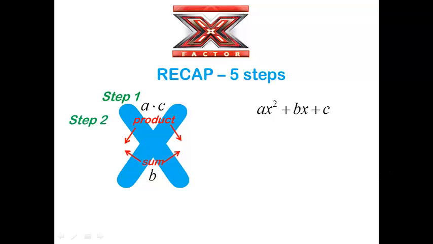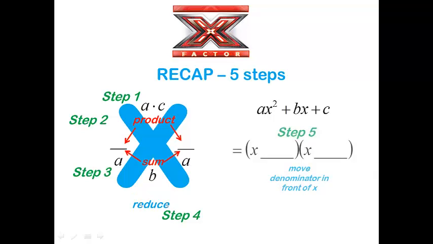That's step 2. Step 3 is to divide it by a. Step 4 is to reduce, and then the last step is to just put it in with the parentheses with the x. And remember to move the denominator in front of the x. And that's it. Hope that helps.